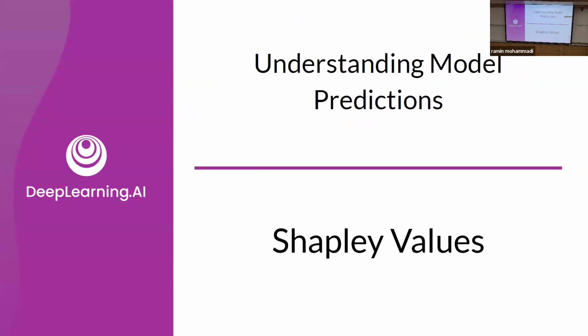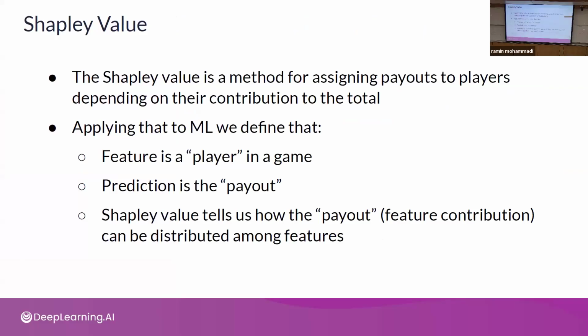So the other one is called Shapley value. Now, Shapley value technically comes from game theory. The idea is that if you think about certain players that have played together, and at the end of the game, everyone wins, like the group wins together.